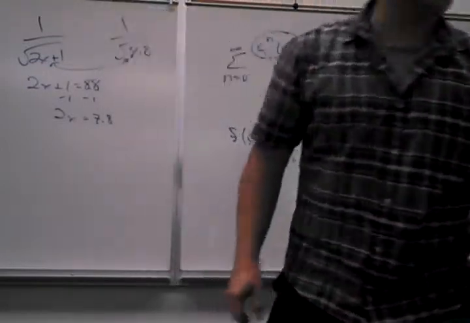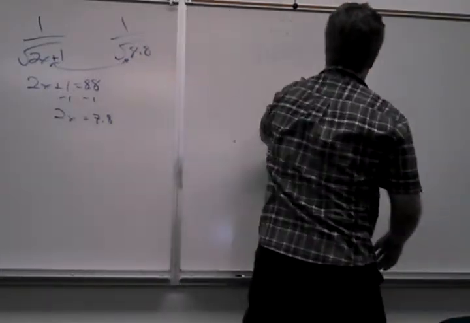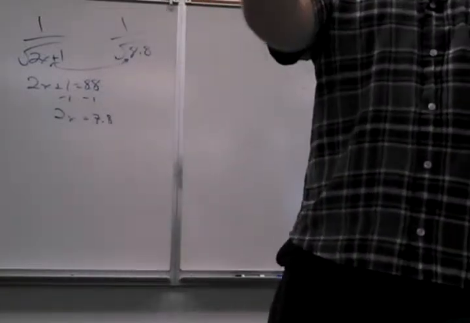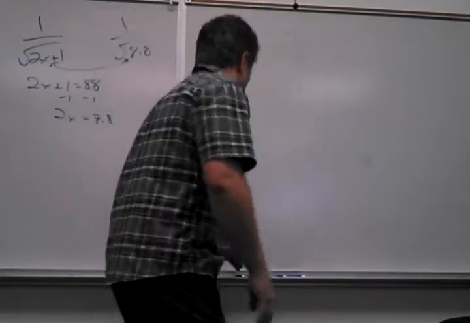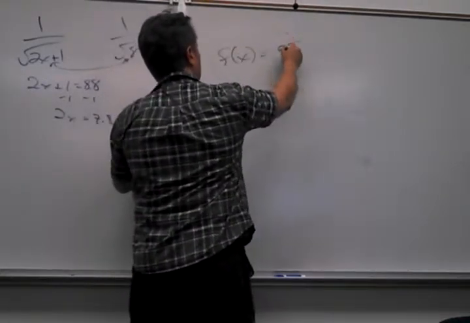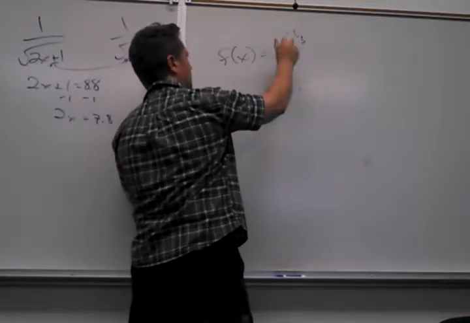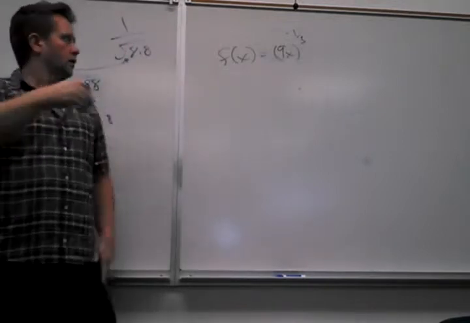The thing to realize is, like I said earlier, I'm always going to build a Taylor series around an easy to evaluate value, right? So if it is 9x to the 1/3, the biggest mistake I saw was people just took the 9 out, which completely changed the function. Now you're doing a different problem. It's not the problem I asked you.